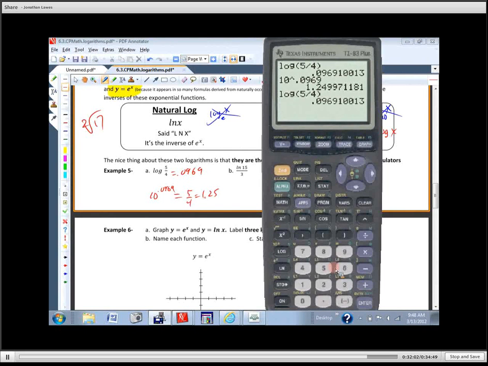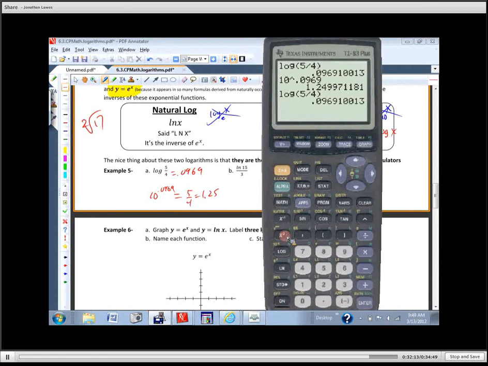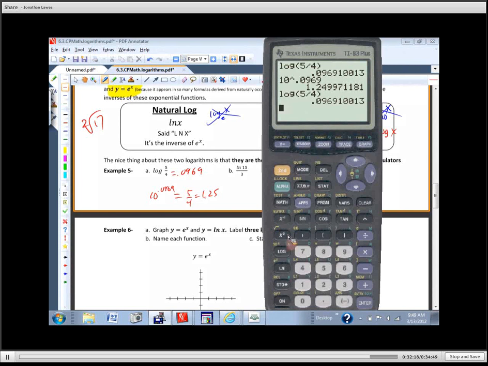Take a look at the log button. What's the second function of that? Exponential base 10, right? Not a coincidence. Look at the square button. What's the second function of that? Square root. Why do they do that? Because they're inverses. Look at ln. Exponential base e.